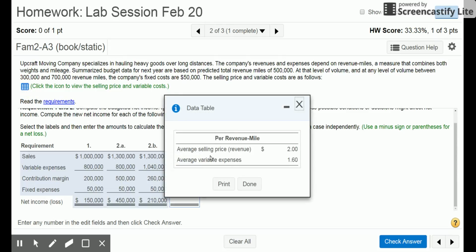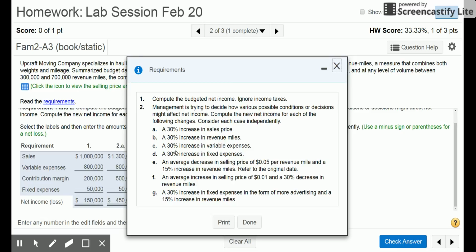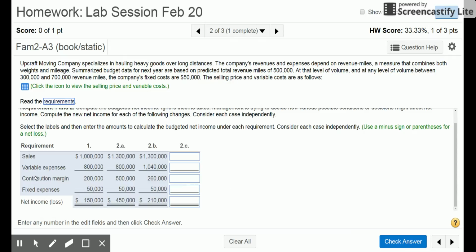So in scenario C, it says 30% increase in variable expenses. Our variable expenses right now are $800,000. The sales stay the same, $1 million. Our variable expenses we have to increase by 30%, so $800,000 multiplied by 1.3 gives us $1,040,000.